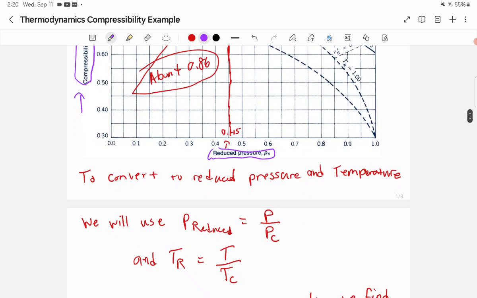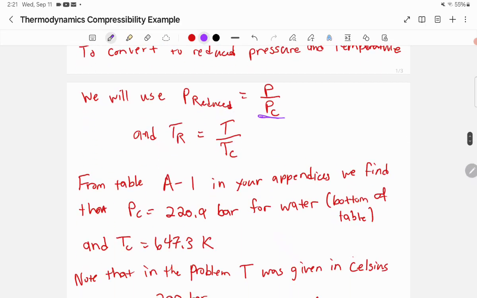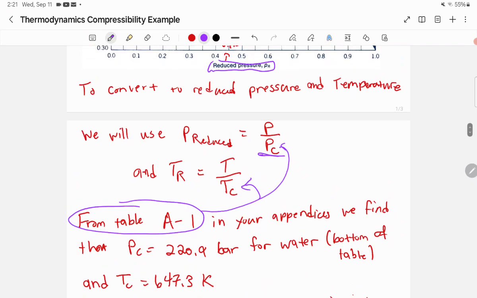So basically, what we're going to have to do is convert this to reduced pressure. The way that we do that is we have this critical pressure, which we can find off of a table, in this case table A1. We're going to find the critical pressure and also the critical temperature of water, which is at the bottom of table A1 in your textbook.